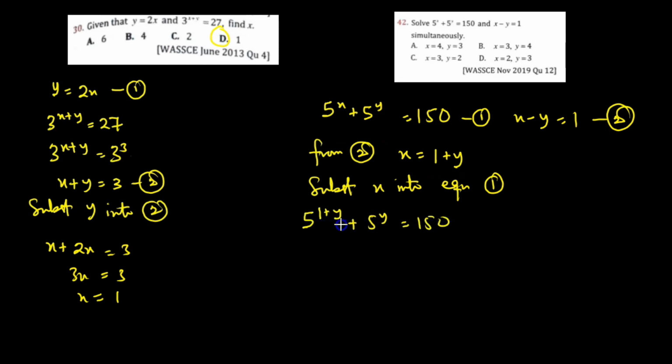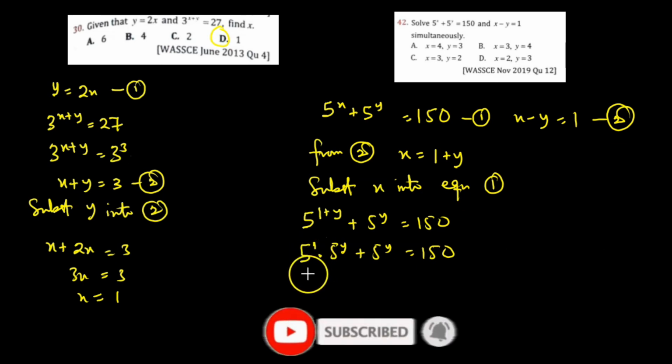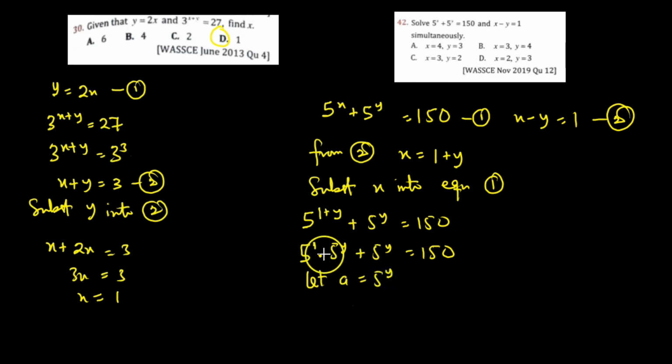So remember, we can write 5 to the power 1 plus y as 5 to the power 1 multiplying 5 to the power y, plus 5 to the power y equal to 150. In this situation, let a variable a equal 5 to the power y. So that is going to give me 5a plus a equal to 150.